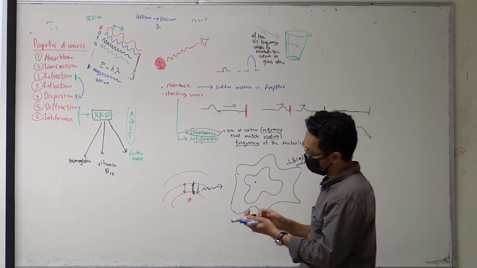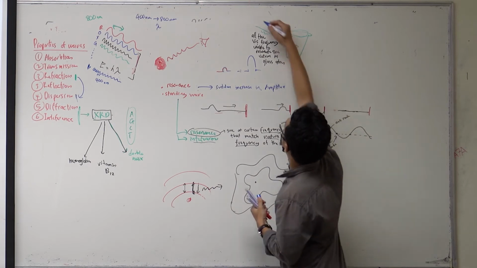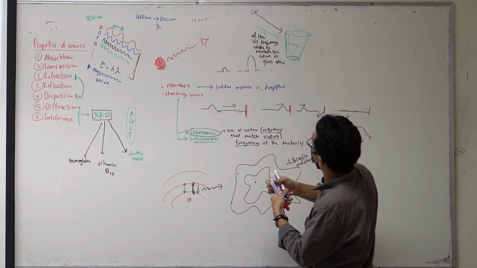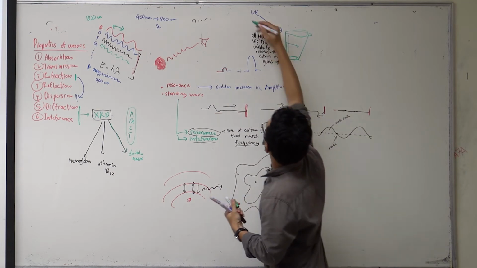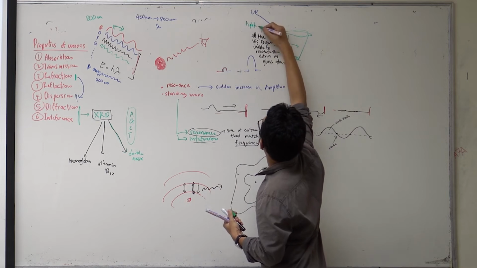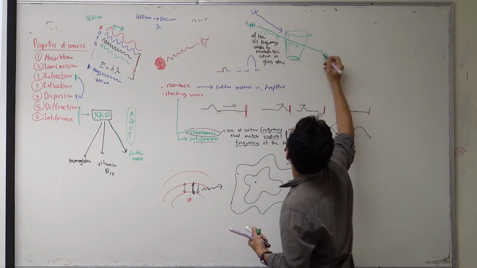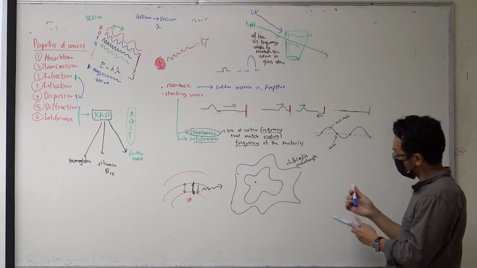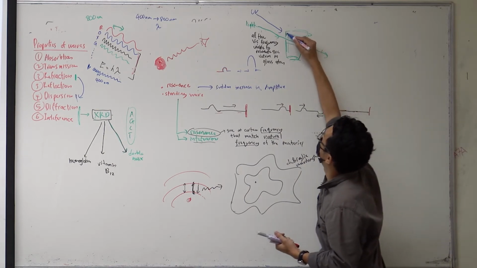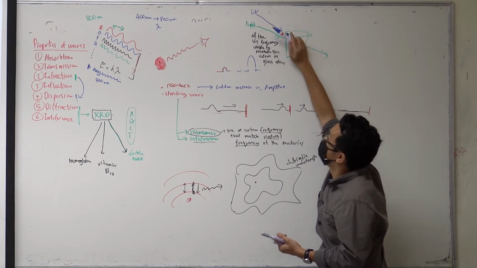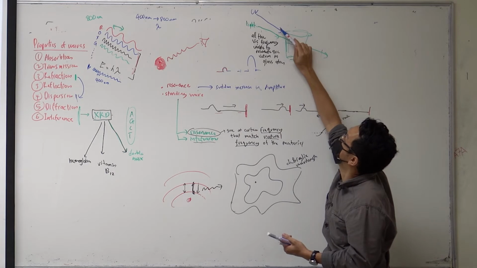Okay. But if you try to shine UV, let's say this is UV, and this is visible light. The visible light just goes through. But the UV will be absorbed by the glass itself, meaning that the UV has the same resonance as the glass.